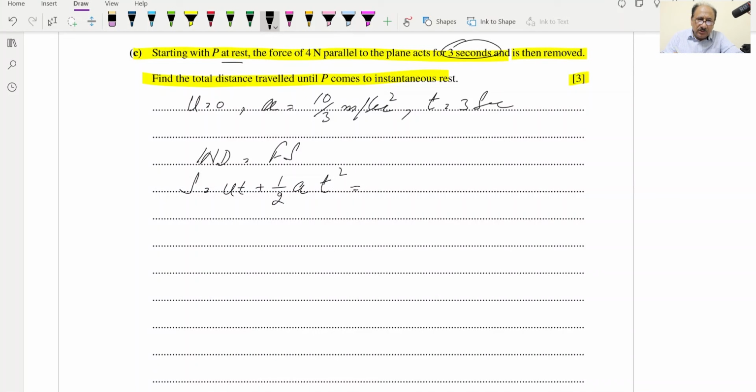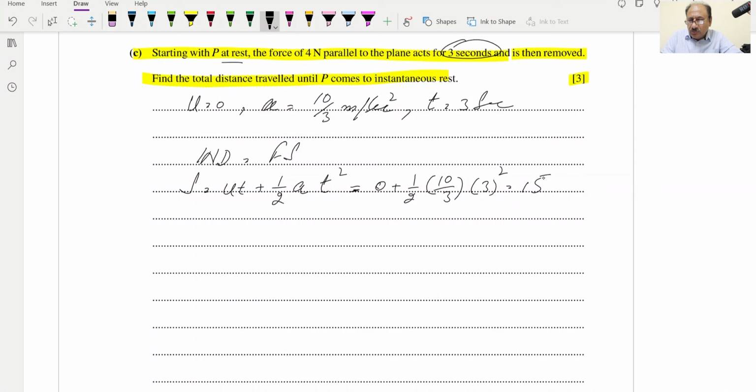S is equal to, basically S we are calculating. So u is 0, so this term will be 0, and plus half a, where a is 10 over 3, t squared, and t squared means 3 squared, and this will be 15.